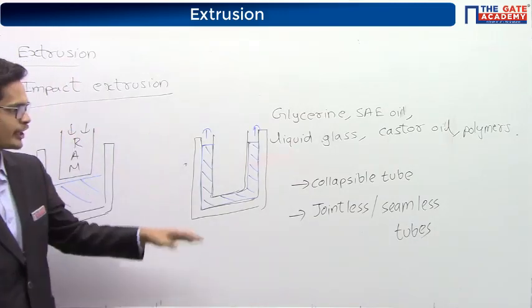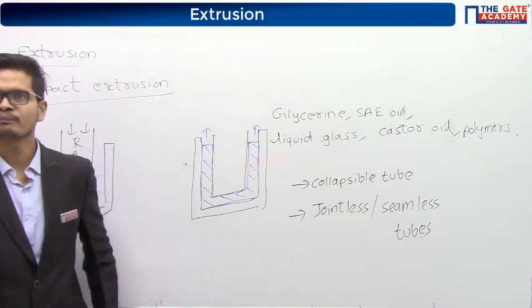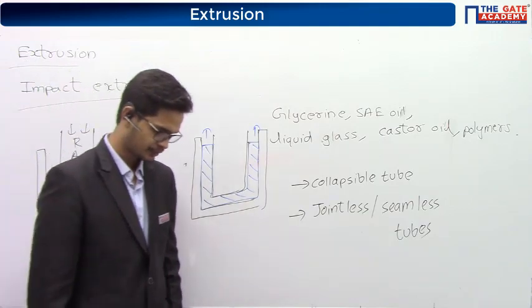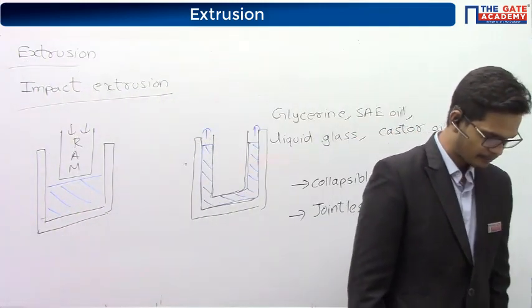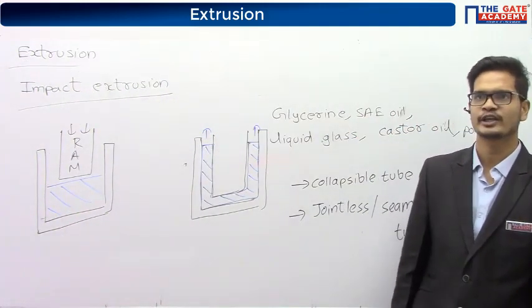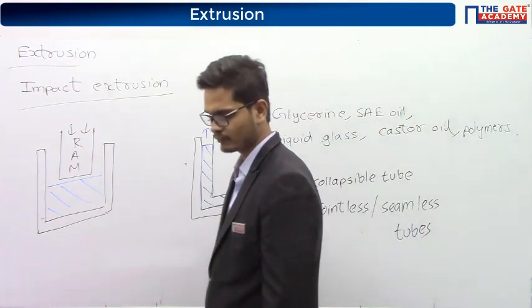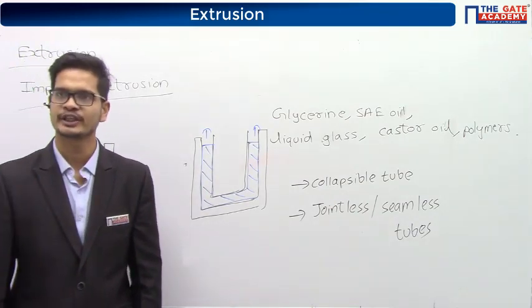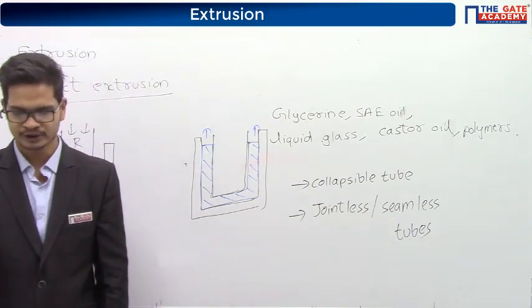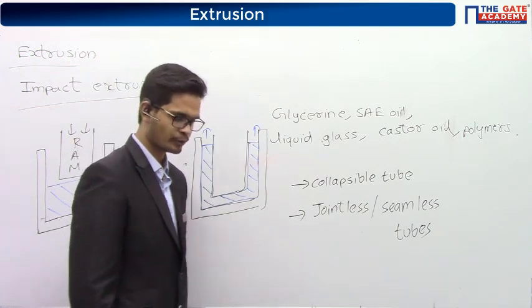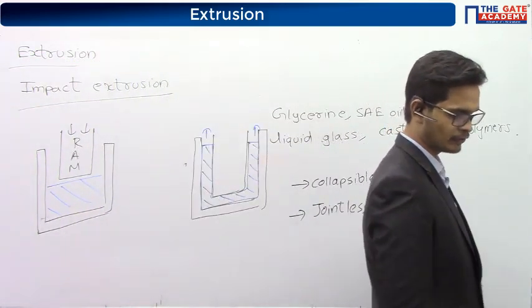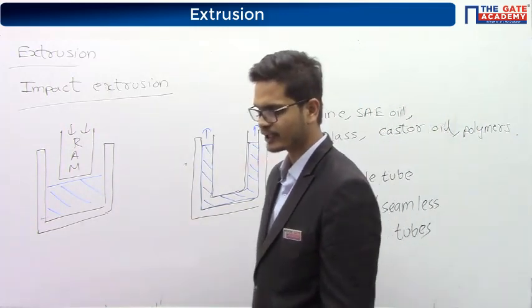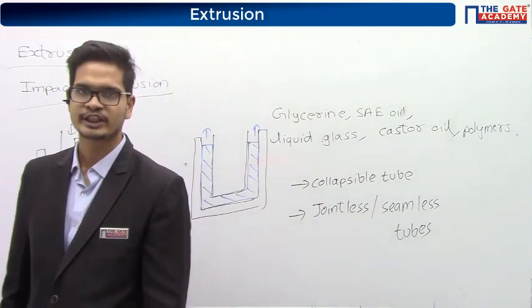In impact extrusion, write down, the impact load produced by the ram is used for producing thin wall tubes.